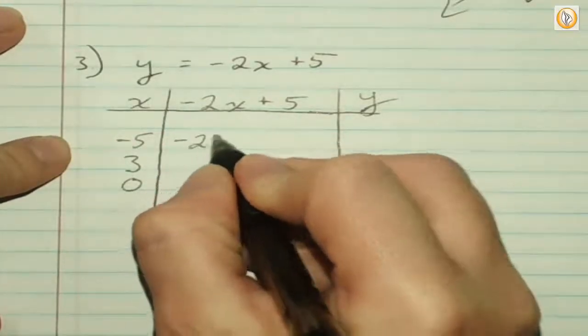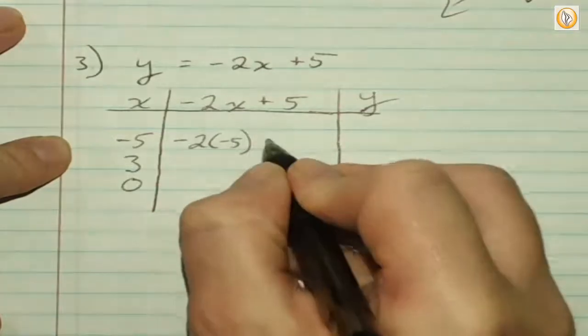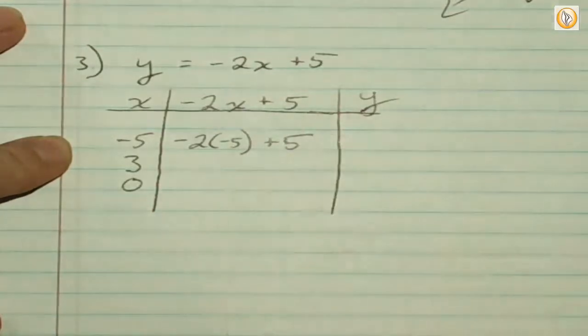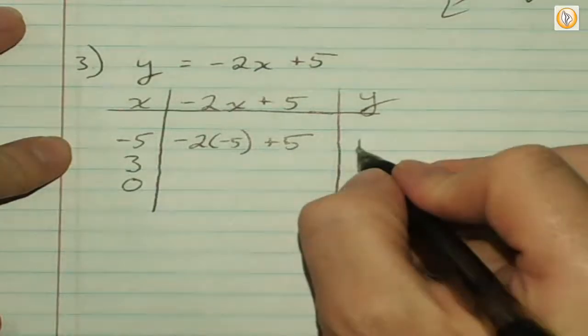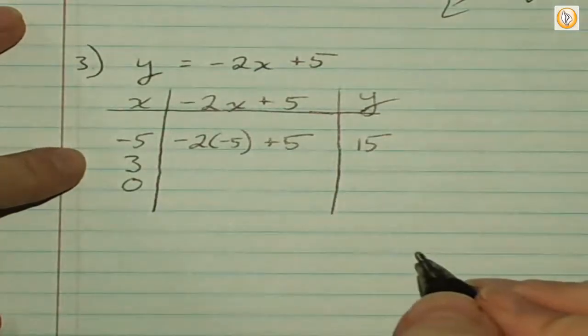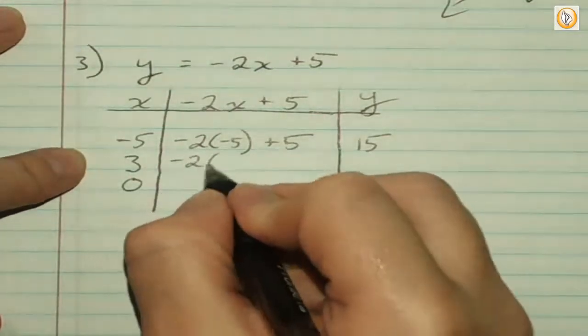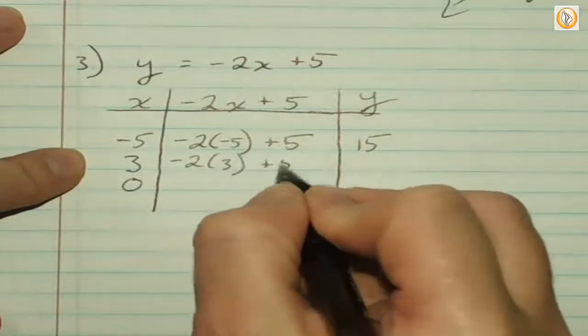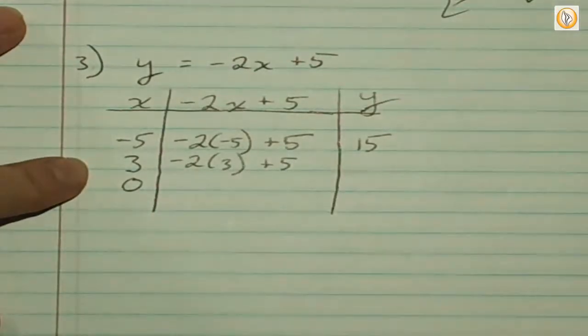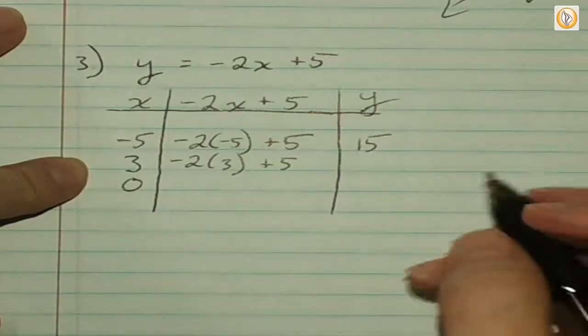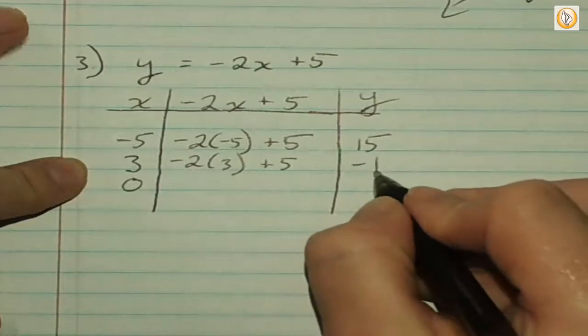Okay, so let's start substituting these random x's in. So that's -2 times -5 plus 5. 15. Oh, this is going to be a big graph. Okay, so here we have -2 times 3 plus 5. What would that one be, Sophia? -1.